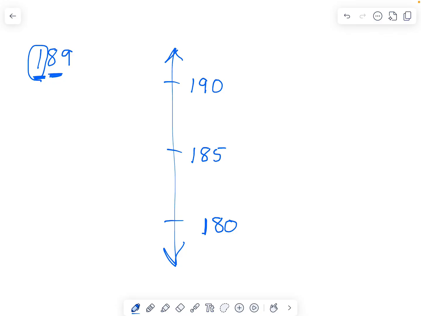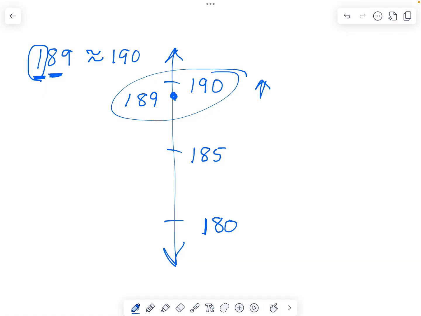So now I can plot my 189. 189 is going to live somewhere over here. I can put my tick marks in, or I can just say it's going to be somewhere around there. 189. And now I can see that it rounds up to 190. So 189 is approximately 190.